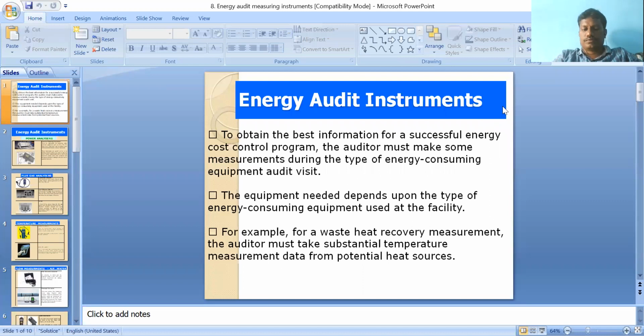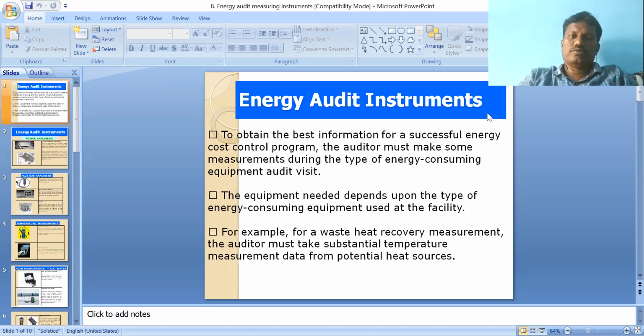That is energy measuring instruments, energy audit instruments. What are the energy audit instruments? To obtain the best information for a successful energy cost control program, the auditor must make some measurements during the energy consuming equipment audit visit.